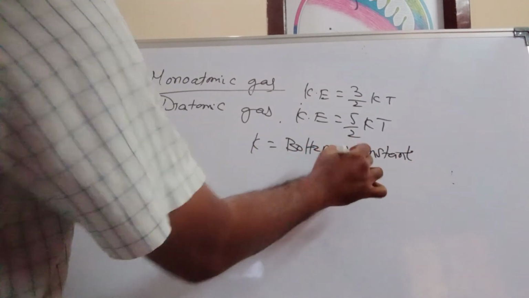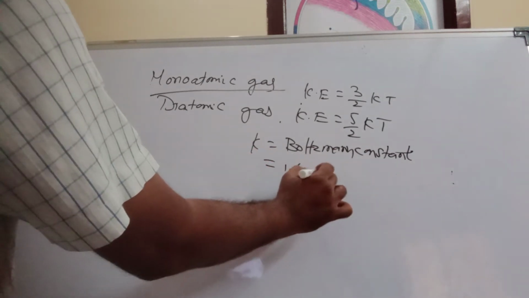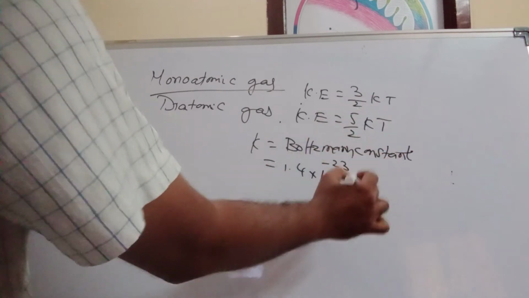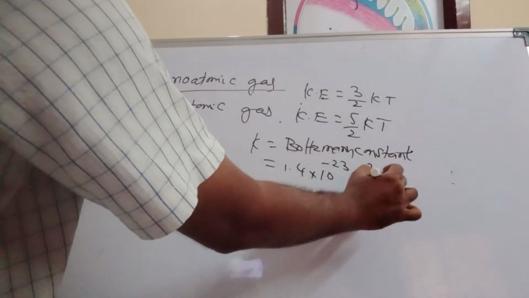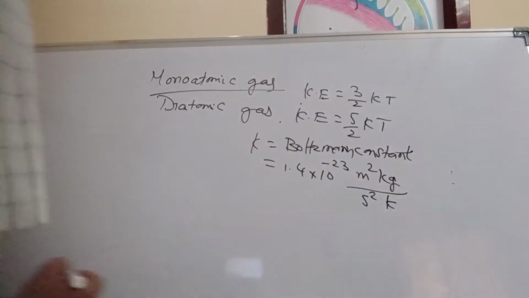What is the value? 1.4 into 10 to the power of minus 23 meter square kg by second square Kelvin. So this expression you should know.